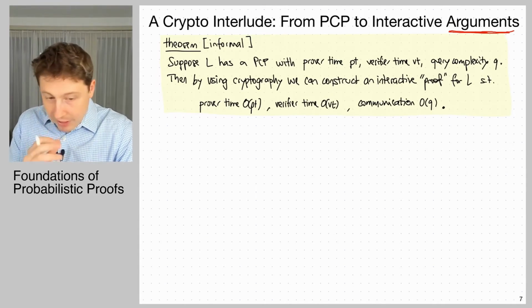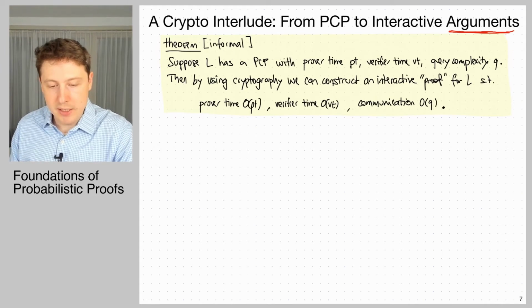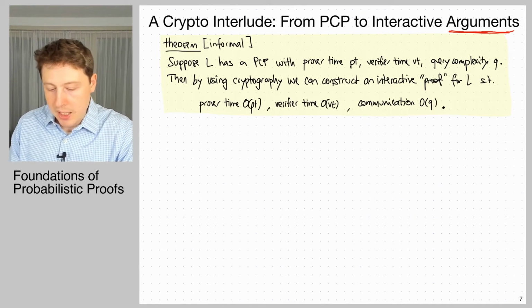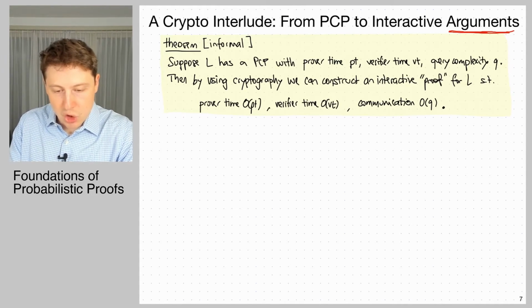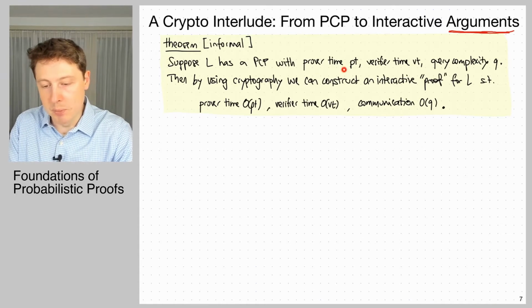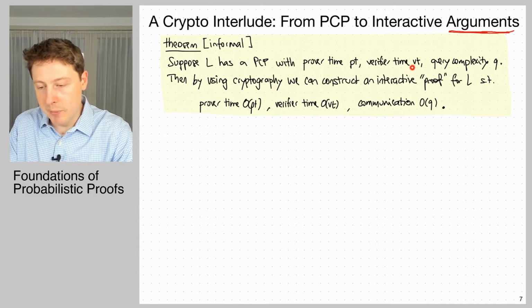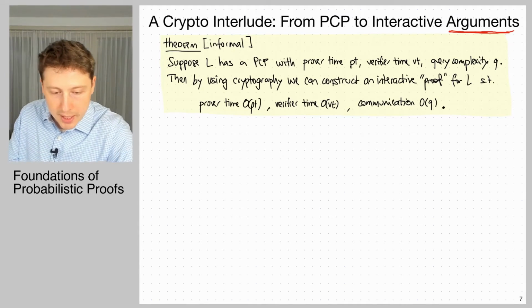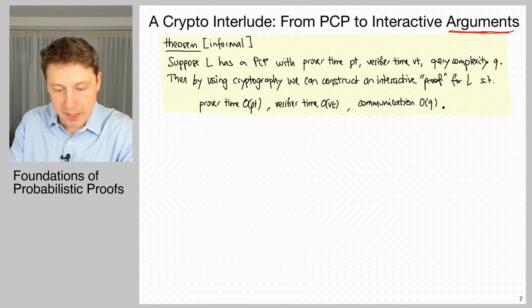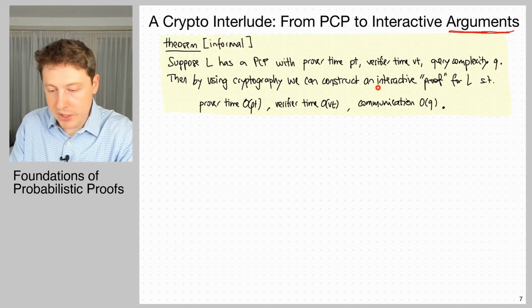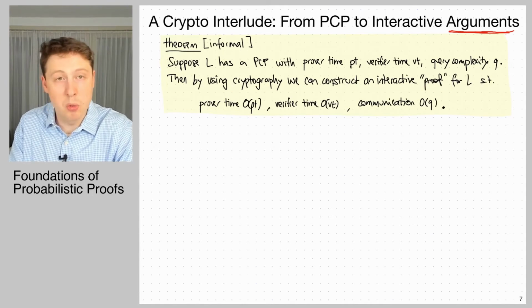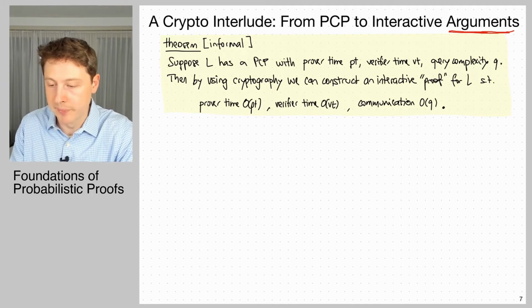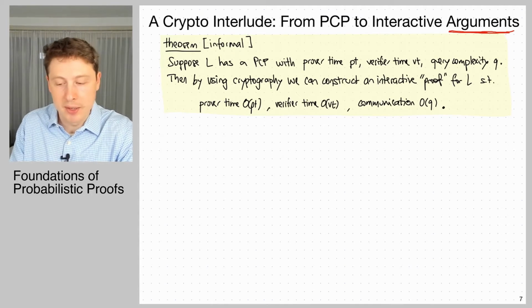So roughly speaking, we're going to have a transformation that says, suppose you give me some generic PCP that has prover time PT, verifier time VT, and query complexity Q. Then, by using cryptography that I will make more precise in a moment, we can construct an interactive proof, in quotes because it's going to be an argument, for L such that we basically preserve the prover time and verifier time up to cryptographic operations.